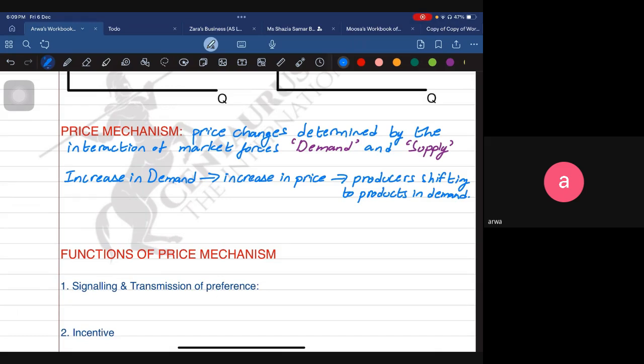Then a decrease in demand leads to a decrease in price.